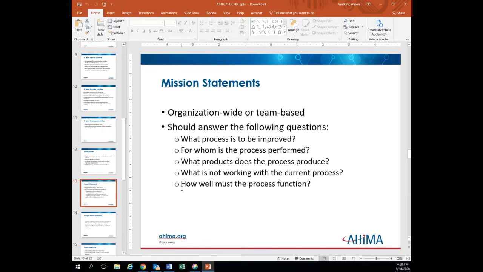So that's our mission. That's what we do, and everything we do here at the college is centered around that mission statement.